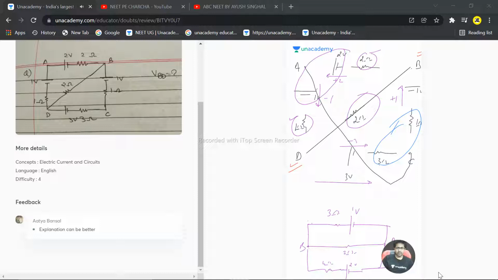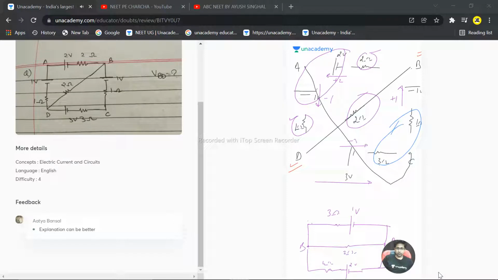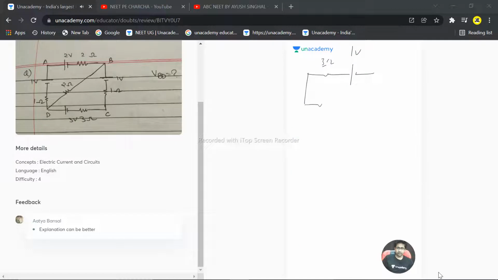Now I'll rearrange this figure, and I'll make it something like this: there is a 3 ohm resistor and a 1 volt battery like this. Further we have a 4 ohm resistor and a 2 volt battery like this.